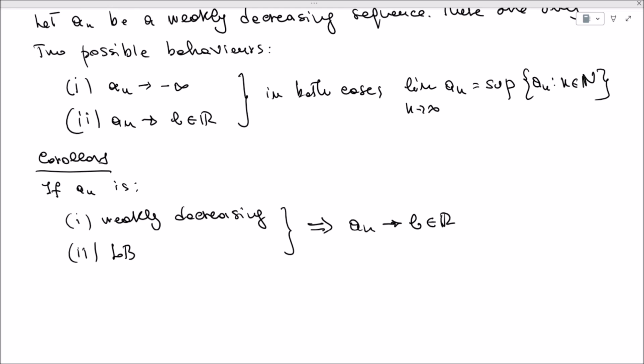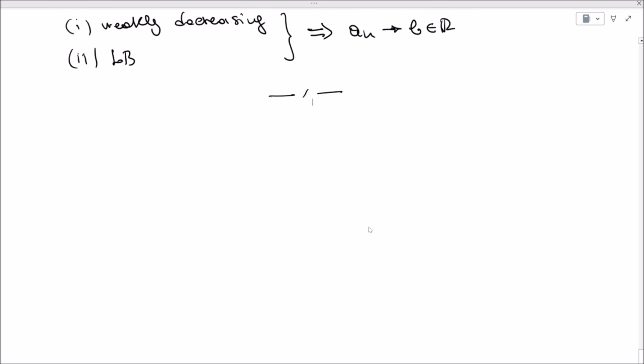Now that we have this theorem on monotonic sequences, we can apply this to introduce one of the most important constants in mathematical analysis, namely the so-called Euler's number, which is usually indicated with e.